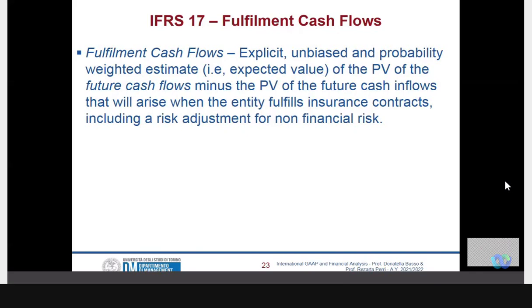$500. Now, how do we calculate the expected value? Alessandra was proposing that that is the most probable thing to happen. That is most probable is this one scenario here. This is not expected value. Expected value is the sum of the weighted amount between probability of happening and the actual result.